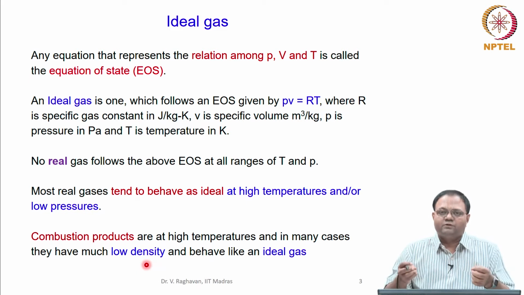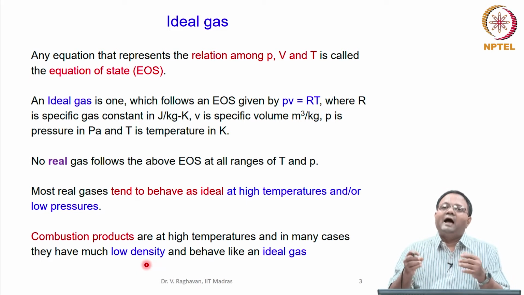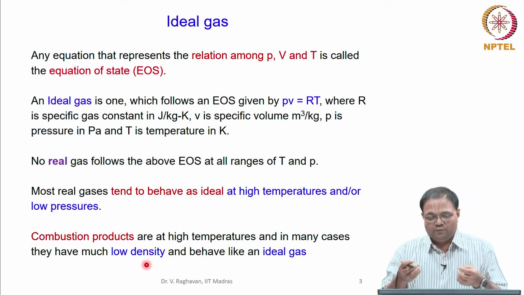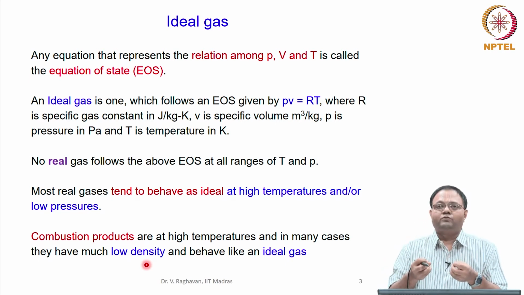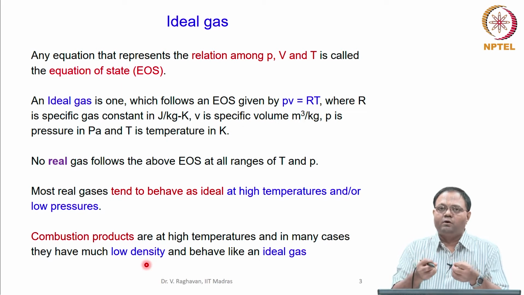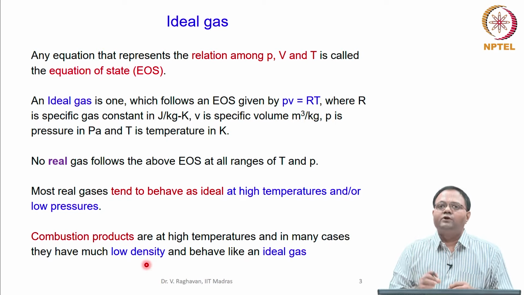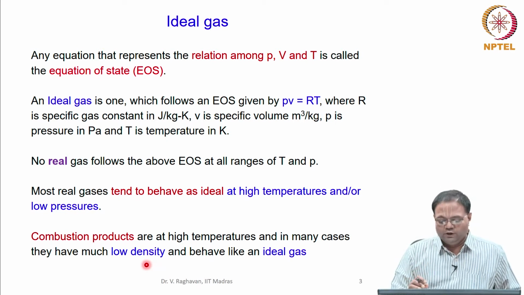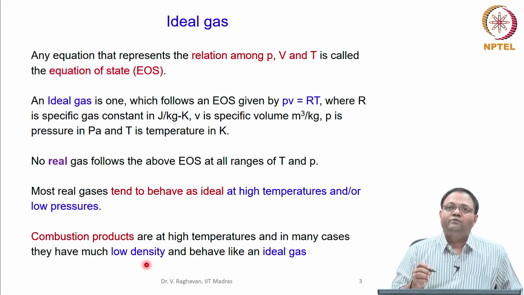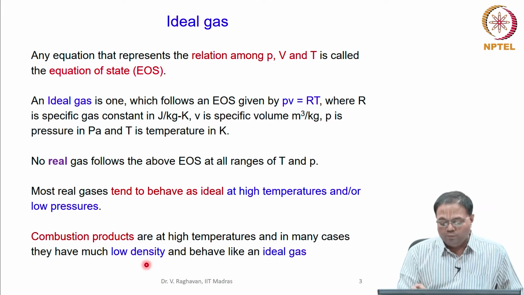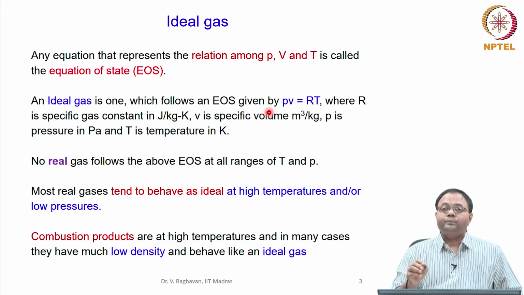And as the average separation distance increases further, the repulsive and attractive forces, or we can say the intermolecular forces between these two molecules, tend to 0. Under those conditions, a gas behaves like an ideal gas, obeying this equation of state.